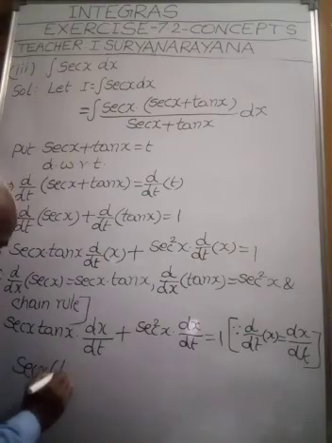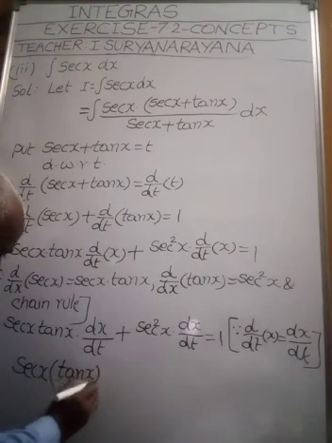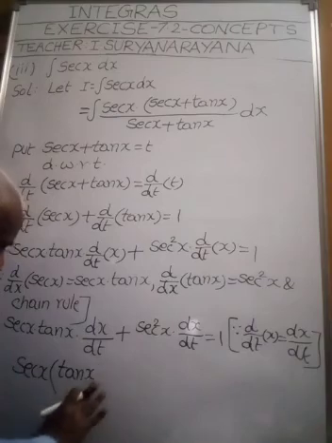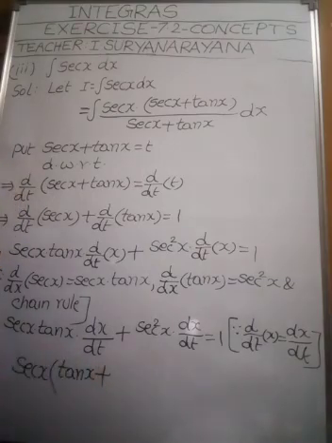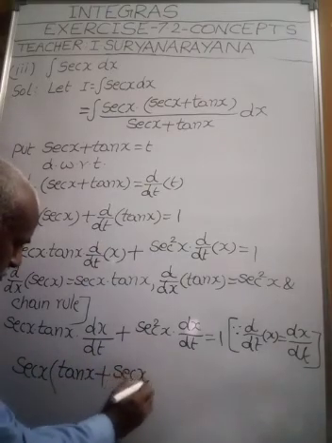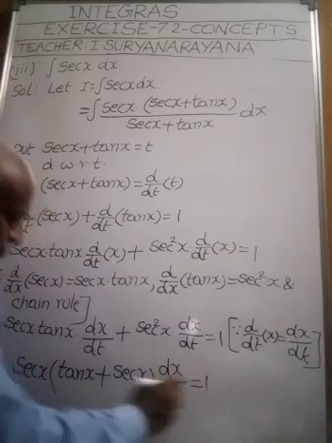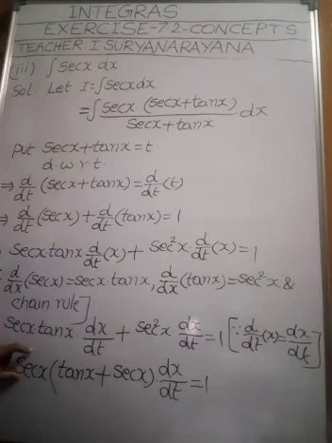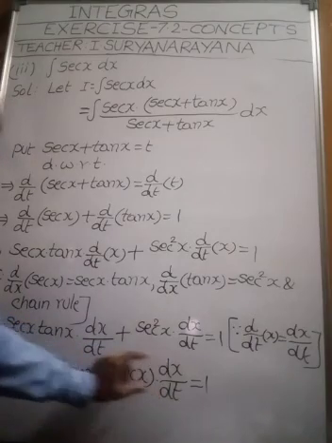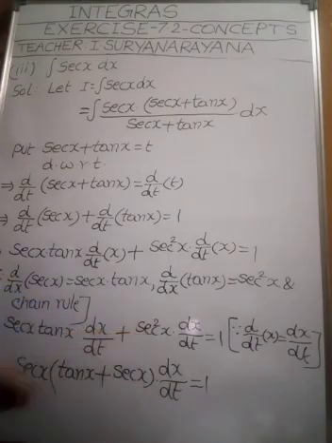Tan x plus, from this term we are taking secant x, what will you get? Secant x into dx by dt. Understood this step, my children? I have taken secant x into tan x as common factor from the two terms. Then we get these factors tan x plus secant x dx. Isn't it or not, my children?